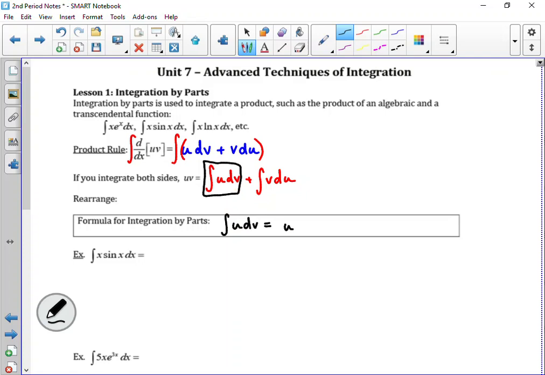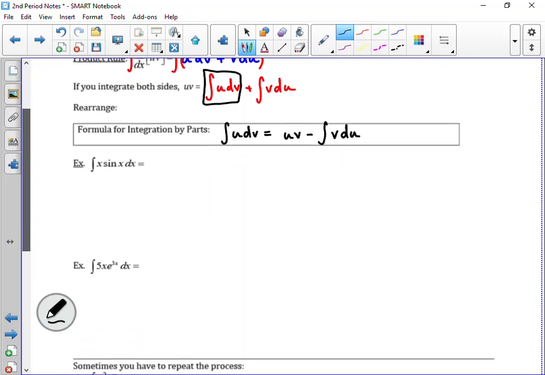U times v, right? And then what? Minus, thank you, integral v du, right? And then you say, well, this doesn't make any sense at all. All we did is rewrite product rule, right? But it works. So we do this integration by parts.